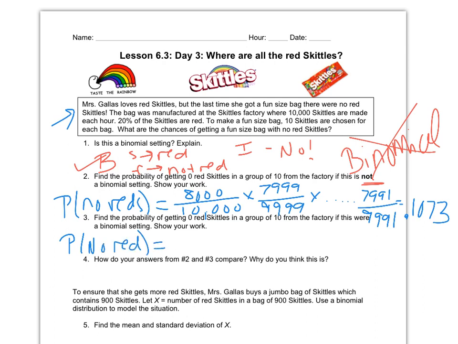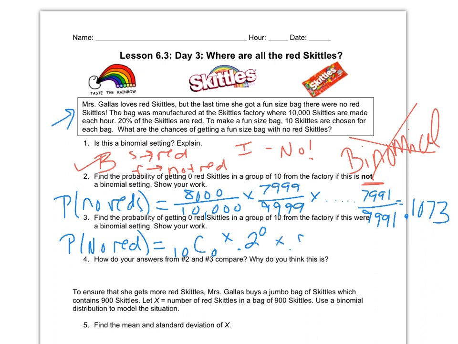In this particular case, if I am using my calculator settings, you need to think about whether you're using binomial CDF versus binomial PDF. In this case, you want 0 reds, so you'd be using your PDF setting. So my trials are 10, my successes are 0. My probability of success is 0.2, but I'm going to the 0 power with that because I got no successes.